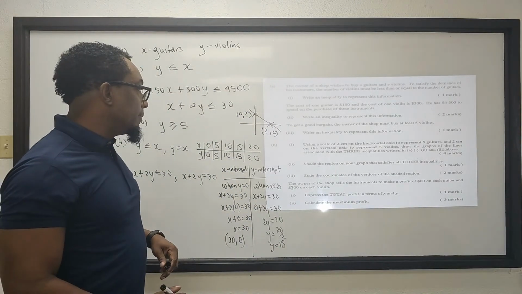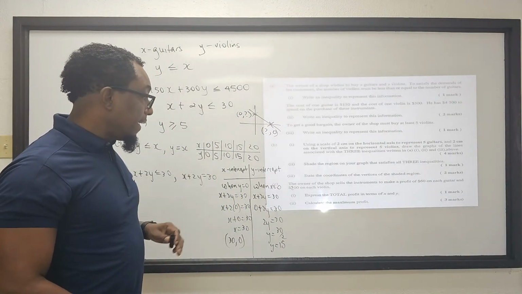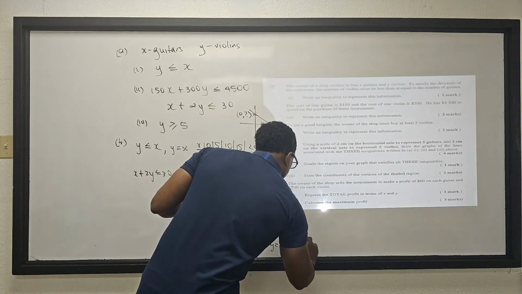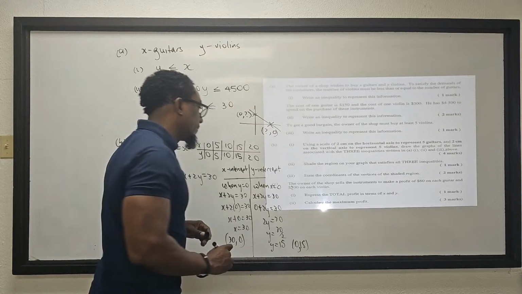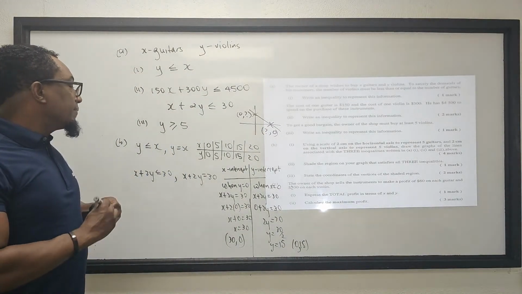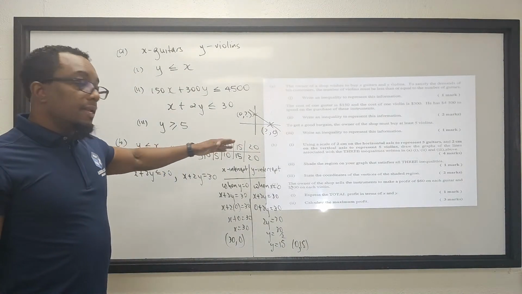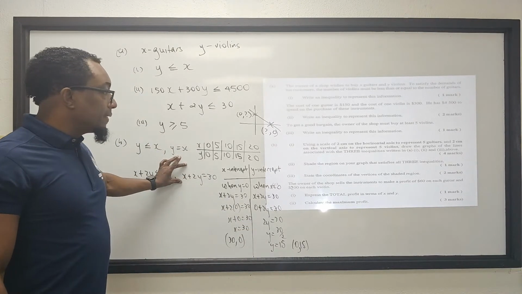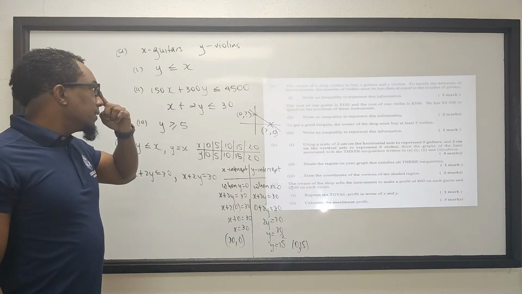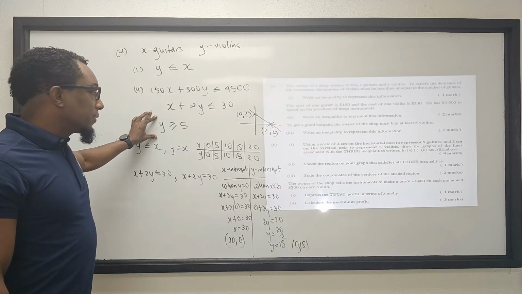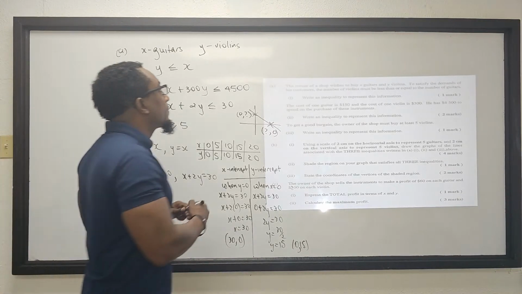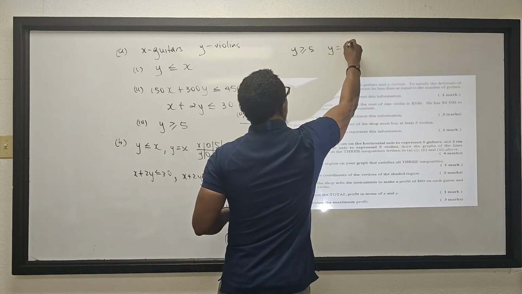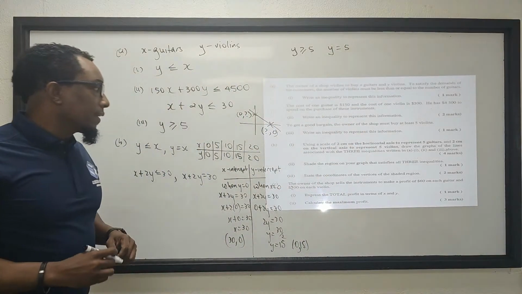So my second point, which is my y-intercept, will be when x is 0, y is 15. Good? So I have the coordinates to help me plot my first line. I have my coordinates to help me plot my second line. And the third line, of course, y is greater than or equal to 5. That line is simply y equal to 5. So that's my third.